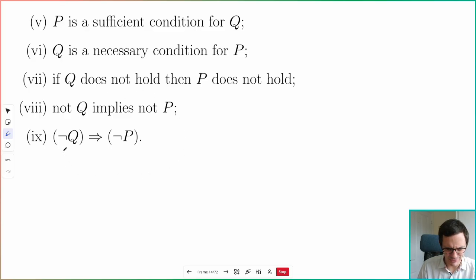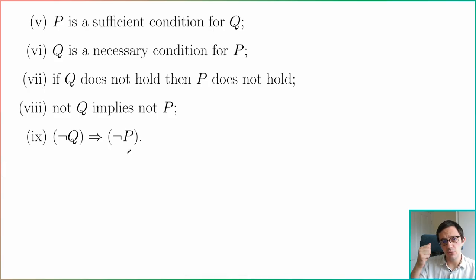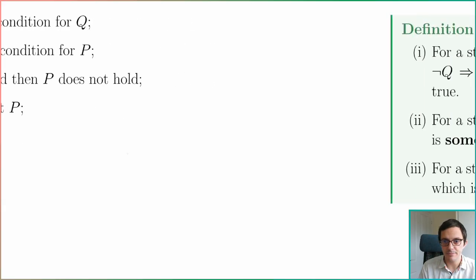And then down here in symbols, not Q implies not P. These last 3, where we're talking about not Q implying not P, are called the contrapositive, which is maybe a new word. I have a definition coming up in a second. They're talking about this other direction that you can work. So whenever you know that P implies Q, you can also say that not Q implies not P.